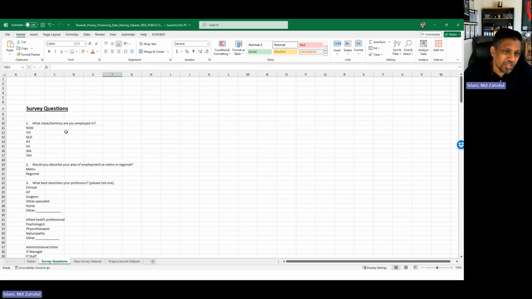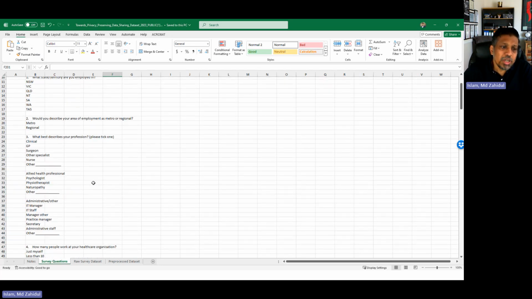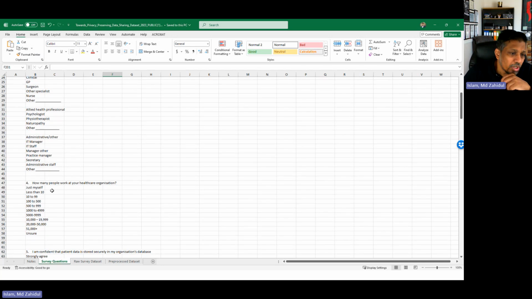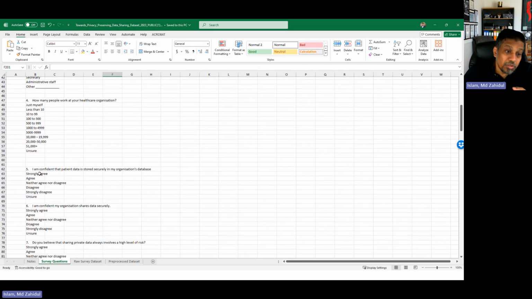So, for example, what state or territory you are employed in, what would describe your area of employment, is it a metro or regional organization, what best describes your profession, clinical, GP, surgeon, etc. And there is lots of other information, like how big is your organization. Now, these questions can be important. I'm confident that patient data is stored securely in my organization's database.